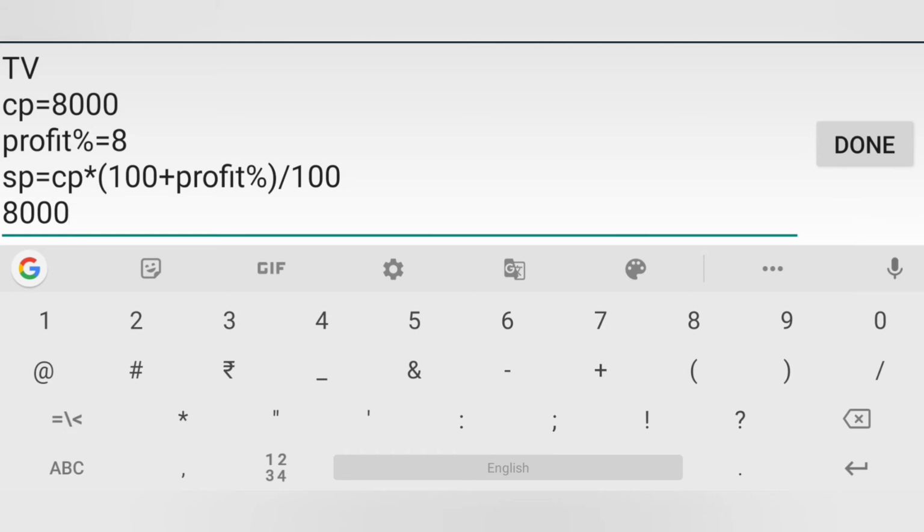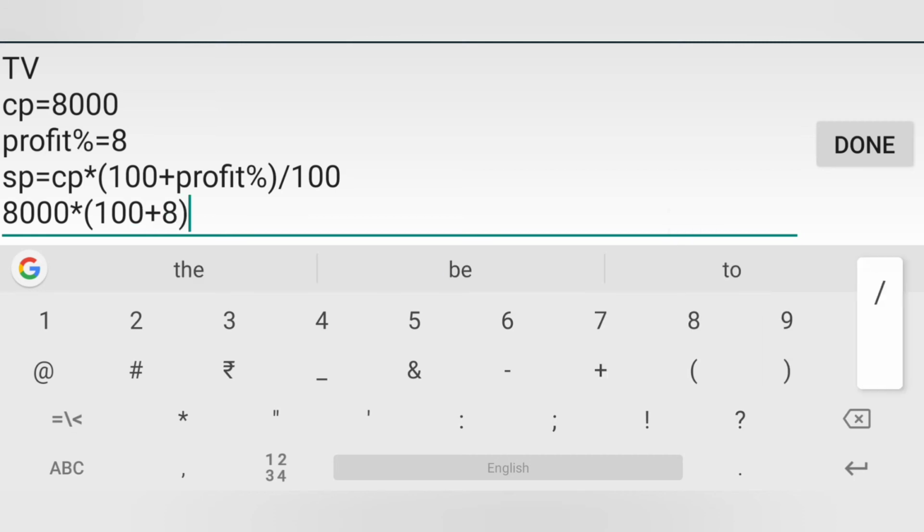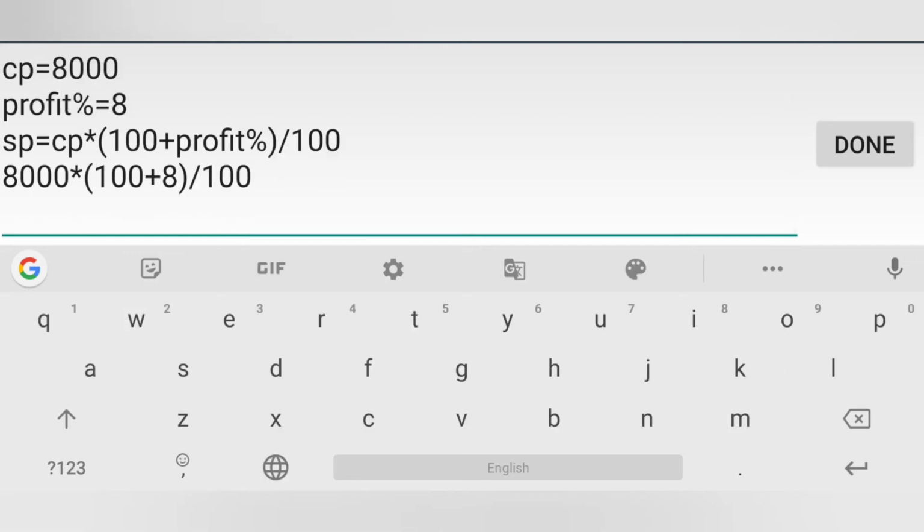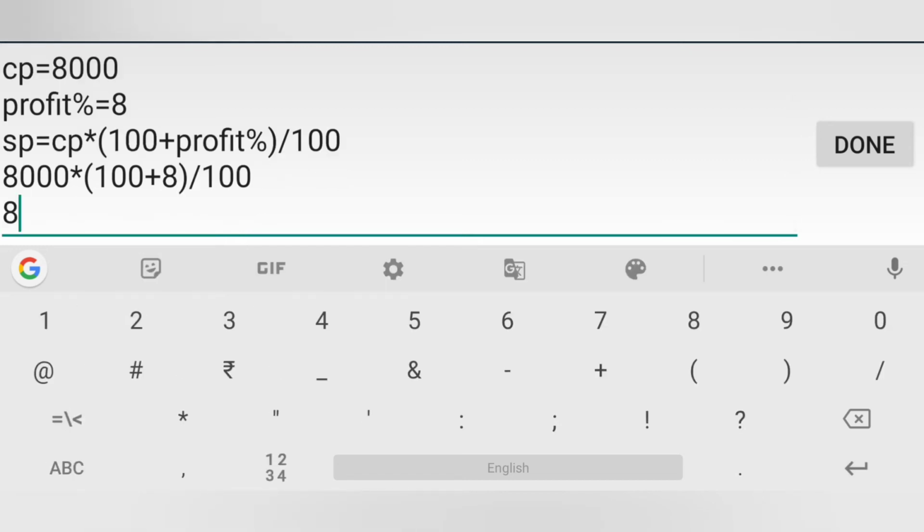Now I will put the values. So the value of CP is 8,000 multiplied by 100 plus profit percent, which is 8%. So I will write 8 there and divided by 100. So I will further solve it. 8,000 multiplied by, first of all I will solve the bracket, that is 108.